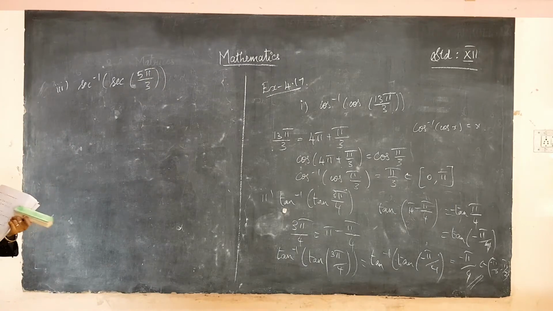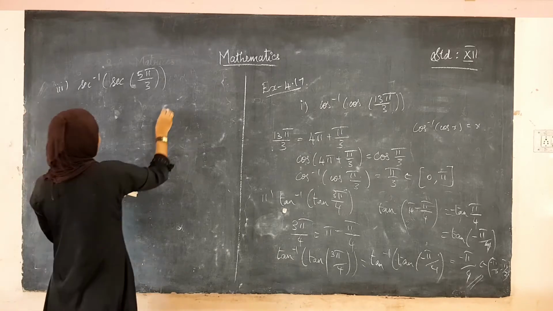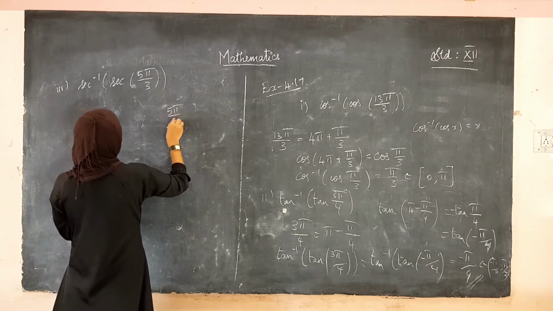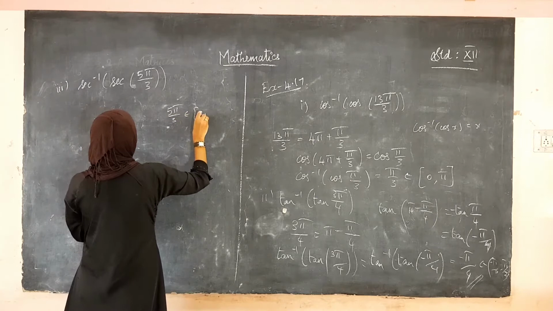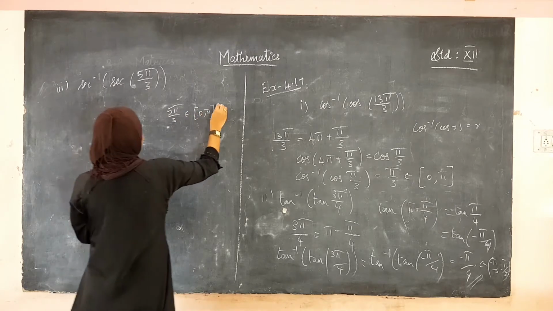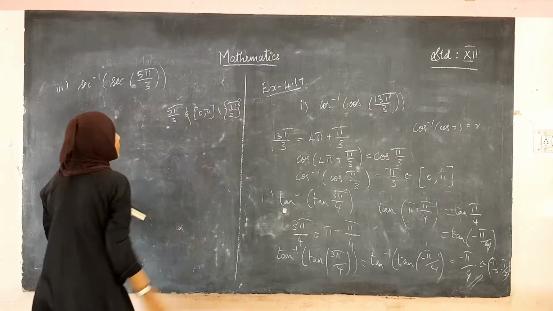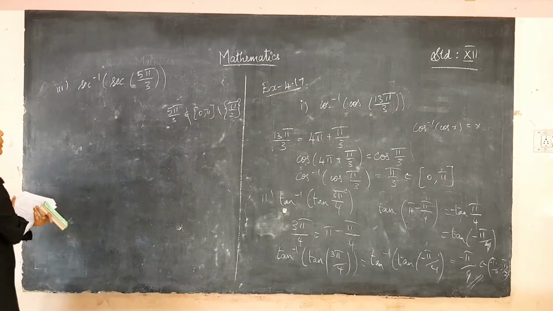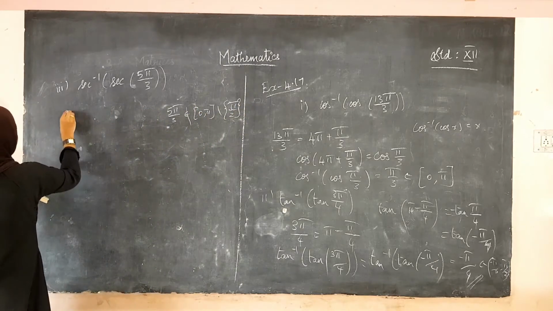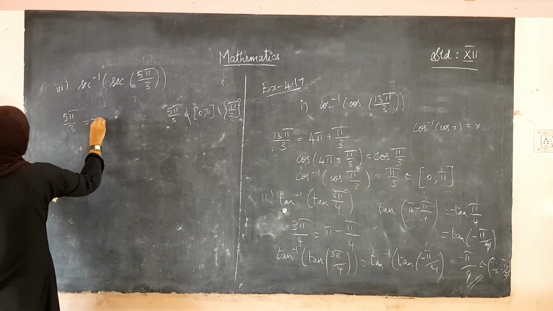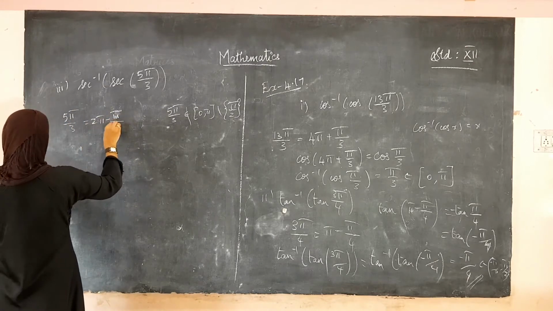If we use the property, this 5 pi by 3 must belong to 0 comma pi excepting pi by 2, but it does not belong to this range. Therefore, we are going to change this 5 pi by 3 as 2 pi minus pi by 3.